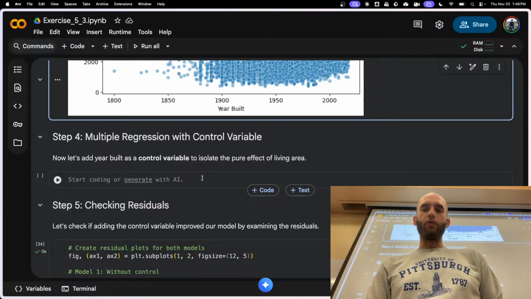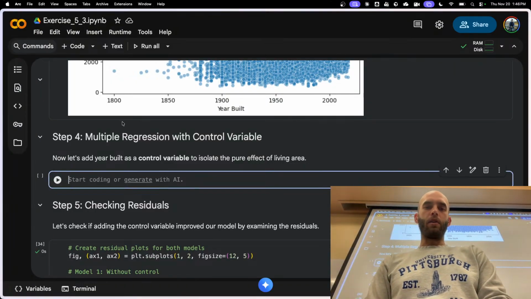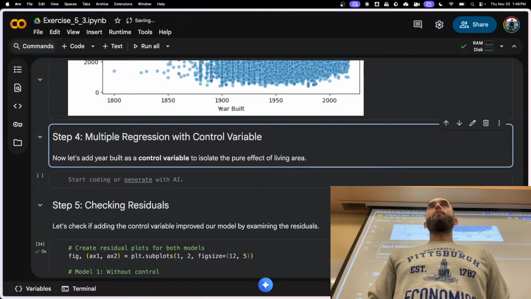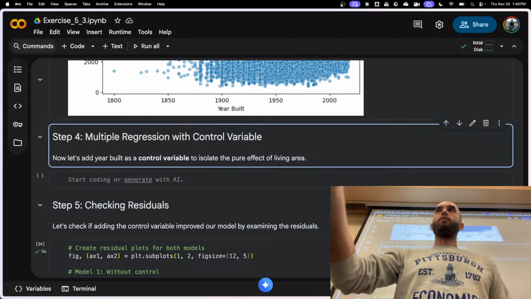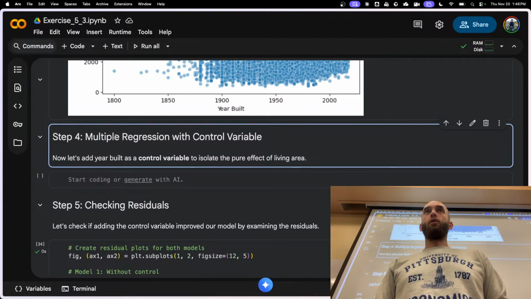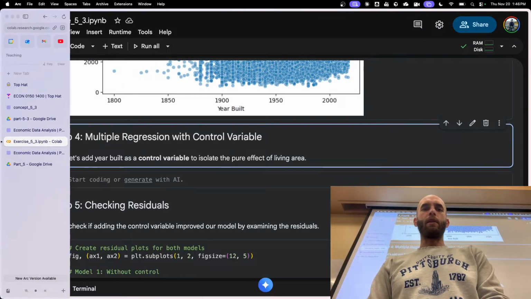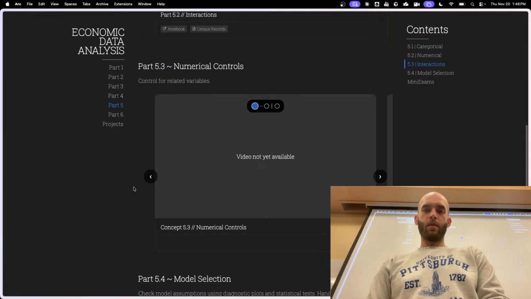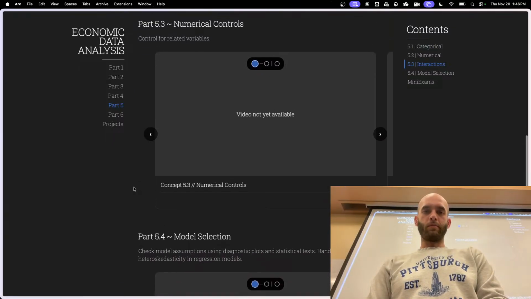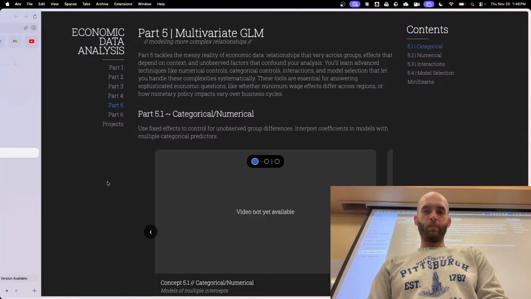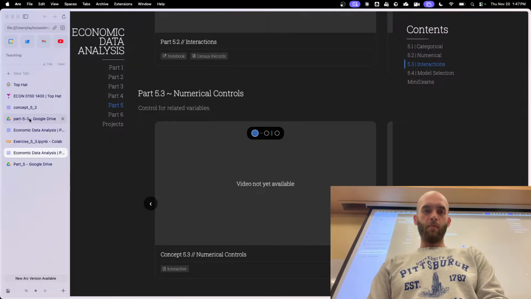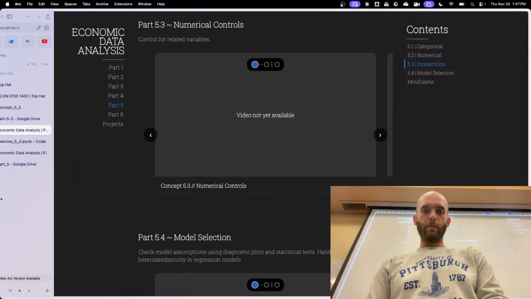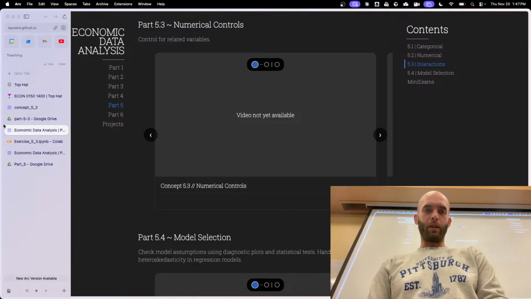It's not the main question for us, so I'm going to move on to the next part, which is setting up model 3. Whether we can control for age, using age as a statistical control in our model. And how does that affect our estimate of the value of an extra square foot? Sorry, this hasn't populated yet.